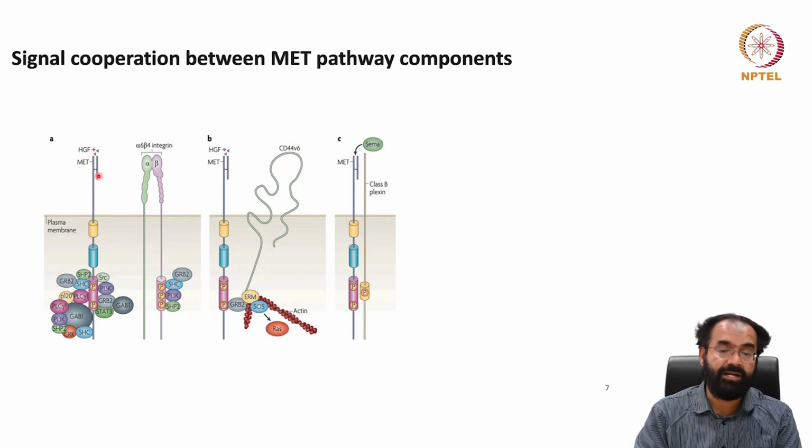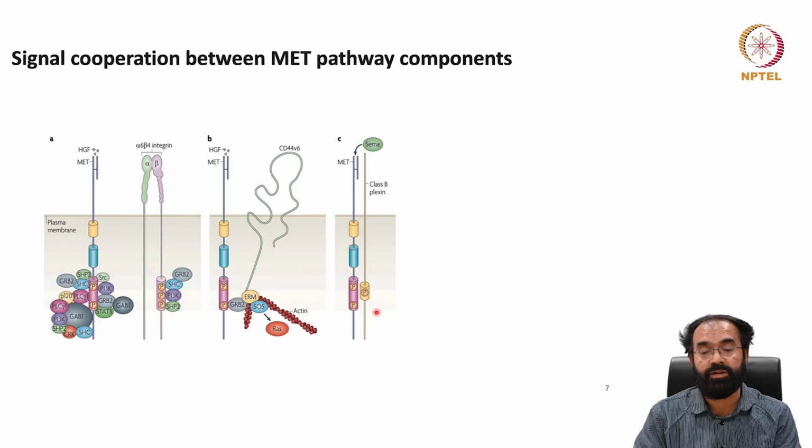Once the ligand binds onto the receptor, you can see lots of related pathways. In one scenario, the alpha 6 beta 4 integrin comes into the picture, and they come together because of this interaction. In another scenario, with the same HGF binding to MET, these proteins are not there, but a different set of proteins which is part of CD44V6 comes into the picture.